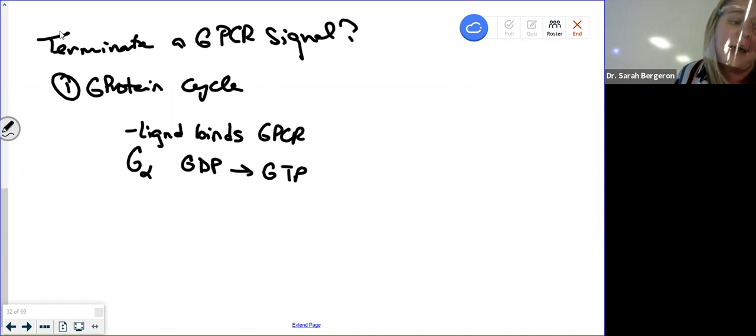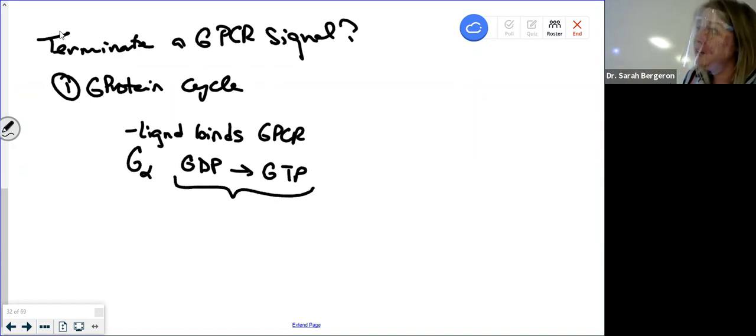And what makes that happen? Ligand binding to the GPCR. And what do we call something that changes a nucleotide in that way? Guanine exchange factor.